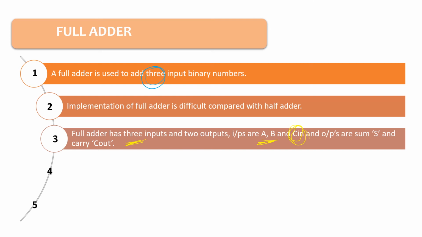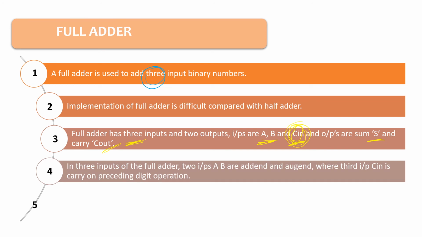So the carry generated during the last operation will be the input for my current operation. That's why we say C in, and my outputs are the same, sum and carry again, but here we differentiate C in and C out.